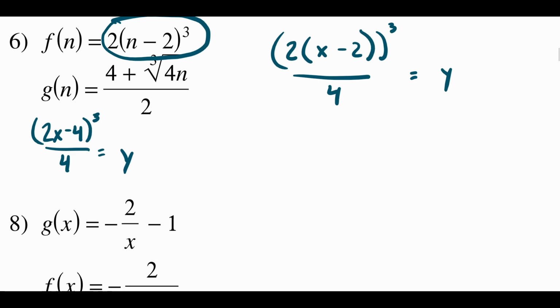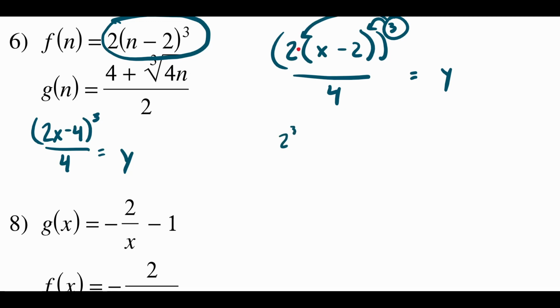So all I did here was I saw that 2 was a factor of both my terms within my parentheses, but I can't necessarily pull it out in front because of this cube, so I just wrote it still within those parentheses so I know that it's still cubed. But now I have multiplication, so I can distribute this cube to x minus 2 and to 2.